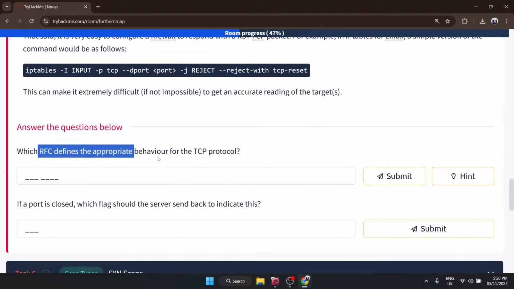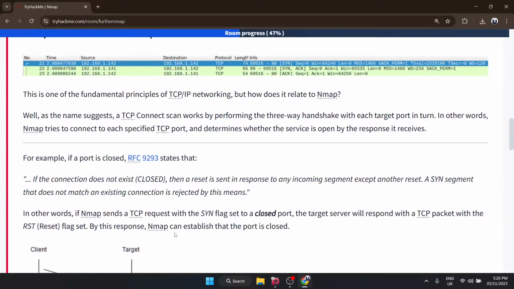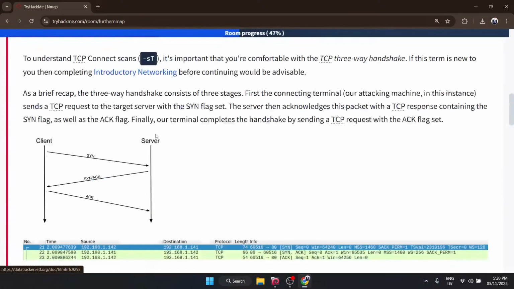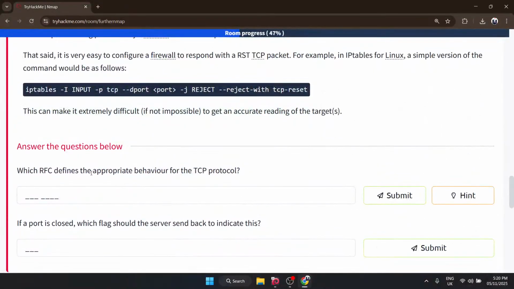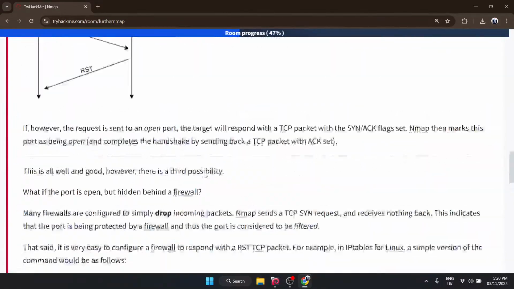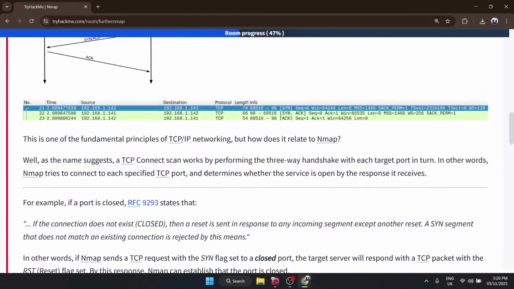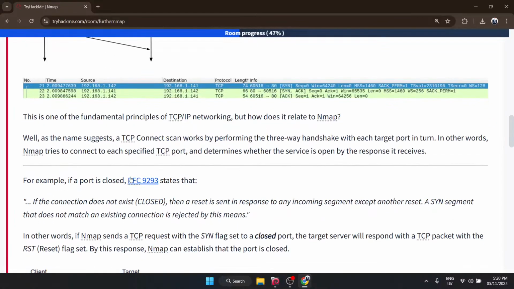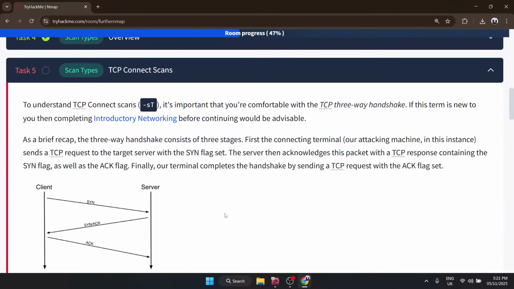So, which RFC defines the appropriate behavior for the TCP protocol? We already saw that RFC for the appropriate behavior of the TCP port. I think this is it. It states that if the connection is closed, a reset is sent in response to a segment.